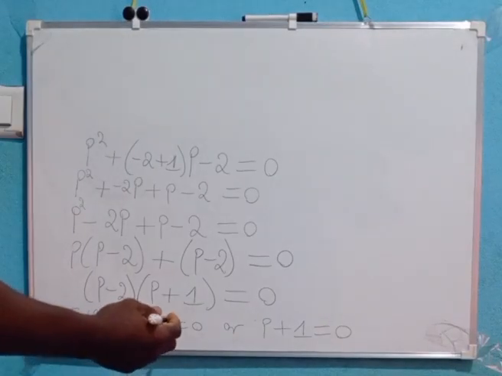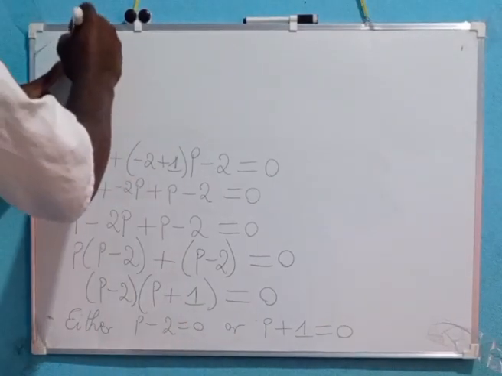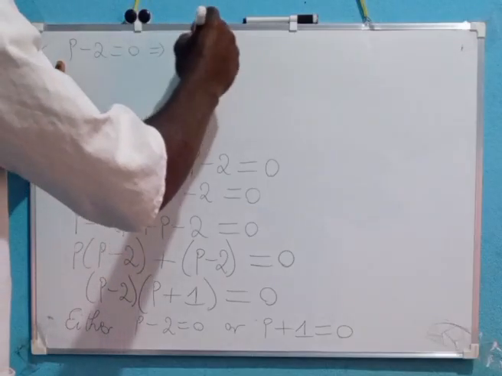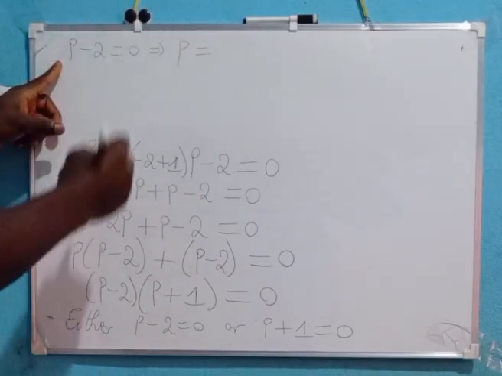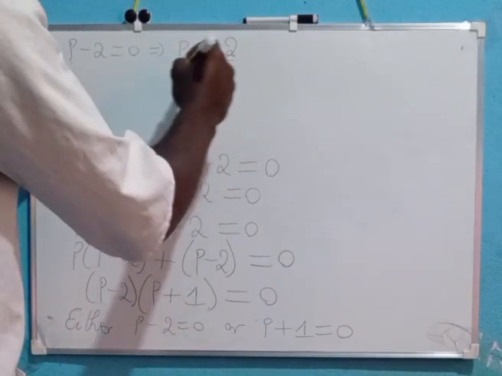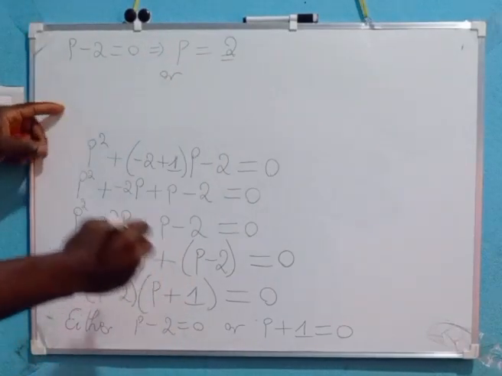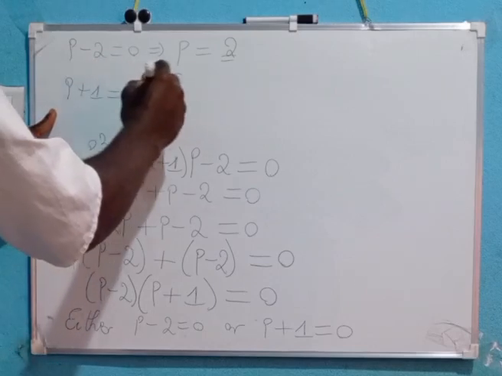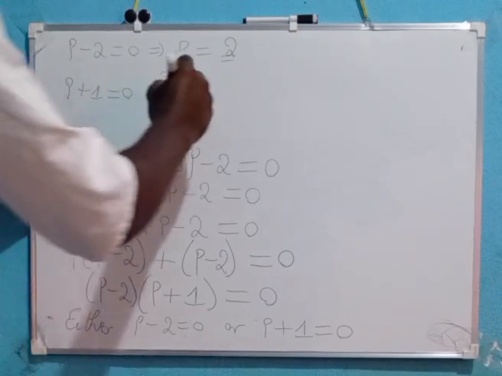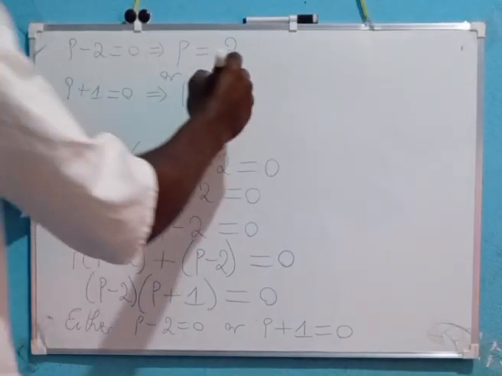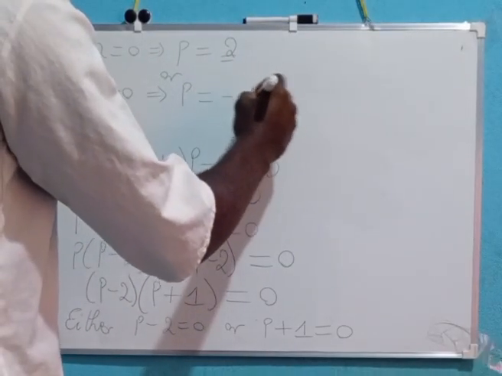P minus 2 equal to 0 will imply that p will be equal to, we are going to transfer negative 2 to the right hand side, which gives us 2. Or, we go to the next, p plus 1 equal to 0 will imply that p is equal to, we are going to transfer 1 to the right hand side, which gives us negative 1.